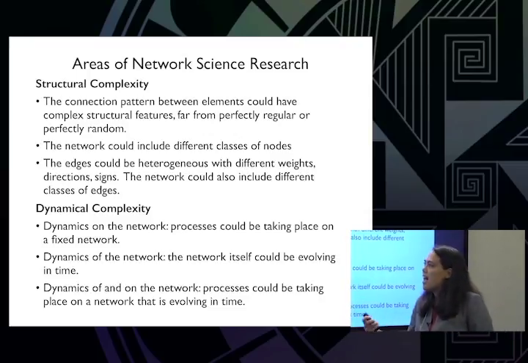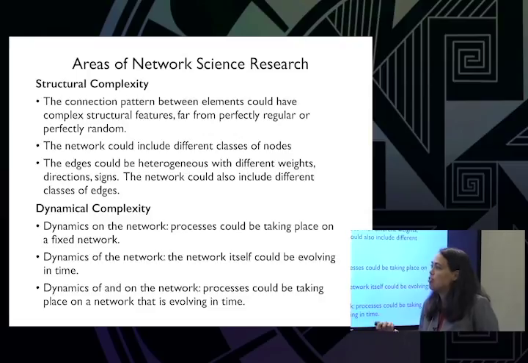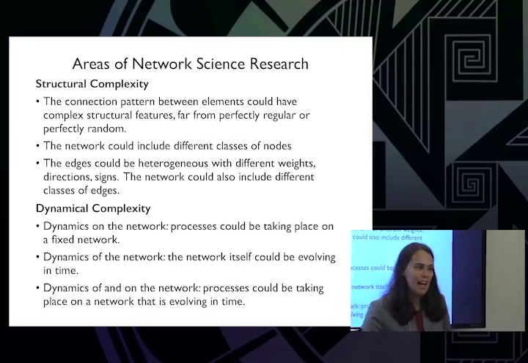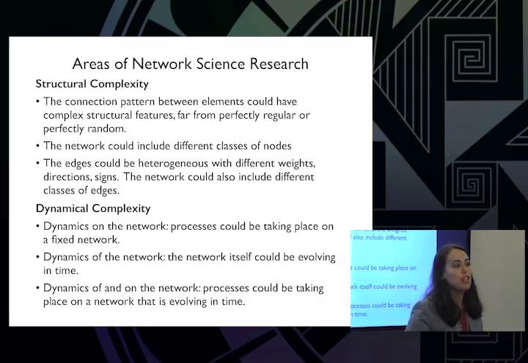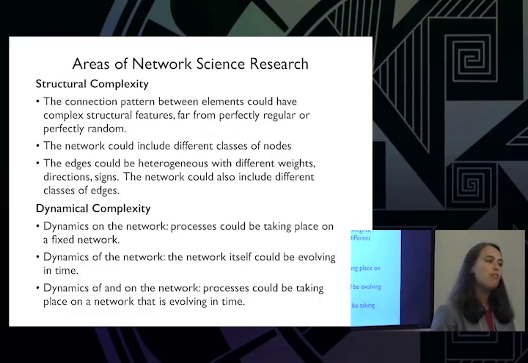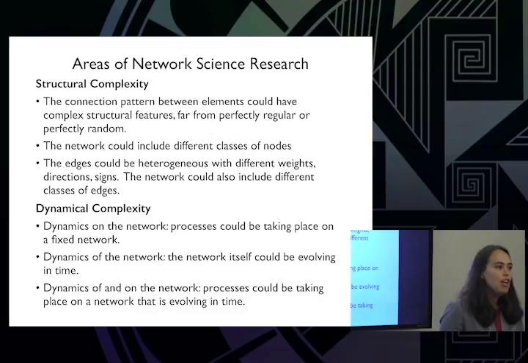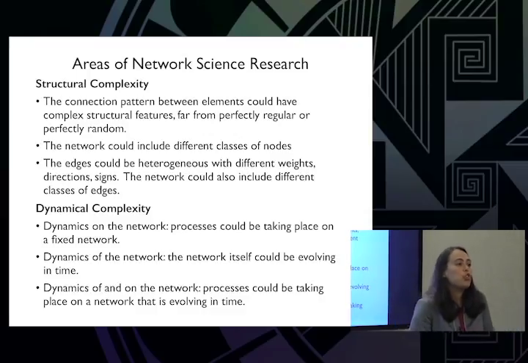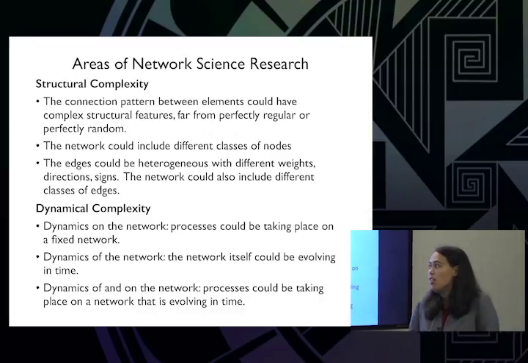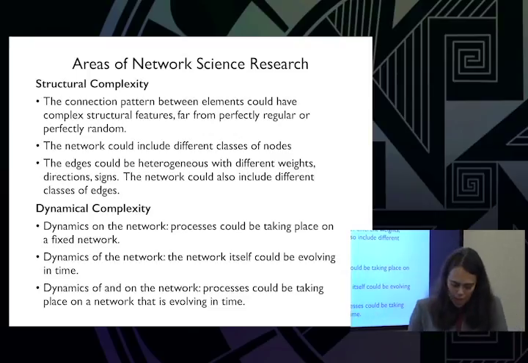In addition, the edges could be heterogeneous with different weights, directions, and signs. So there might be some people that you're much closer friends to. So we just don't want a binary question, are two people friends or not? We might want to quantify the strength of that relationship. There also could be different types of relationships.